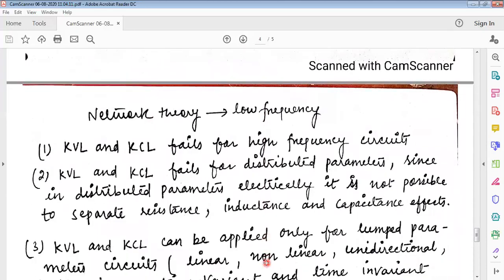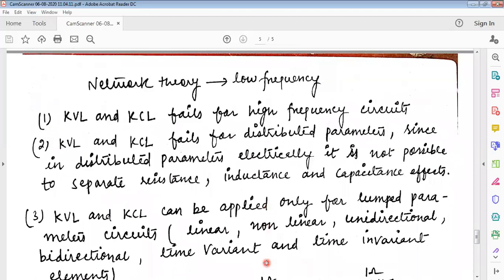You cannot apply the network theory concepts at high frequency. Whatever network theory concepts there are, whether KCL or KVL or Ohm's law or current division rule or any concept related to network theory, you can apply it only for low frequency applications.